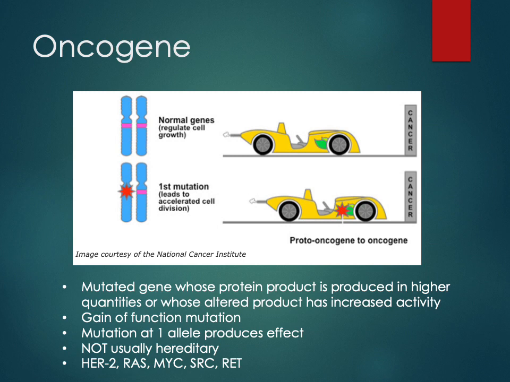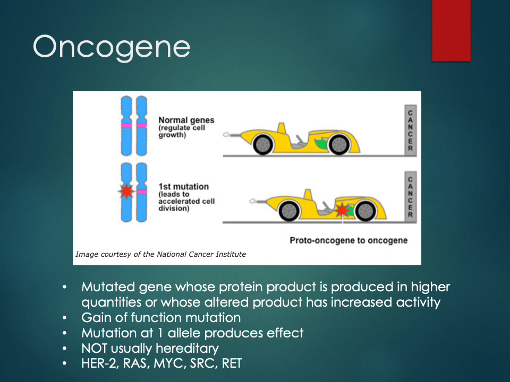So oncogenes and tumor suppressor genes, if you remember, oncogenes, you can kind of think of this as a gain of function mutation. So, these are kind of a stuck accelerator sort of problem where these genes get turned on and they result in proliferation.